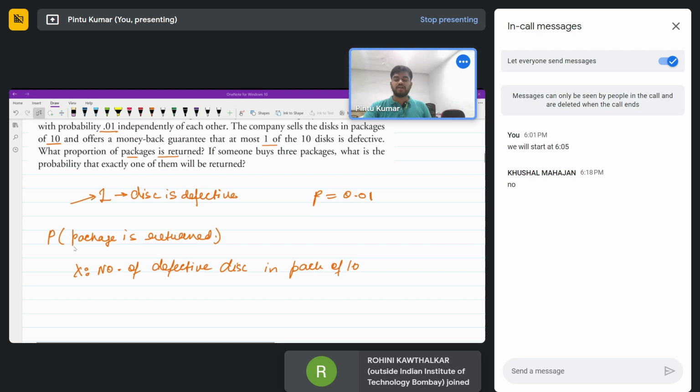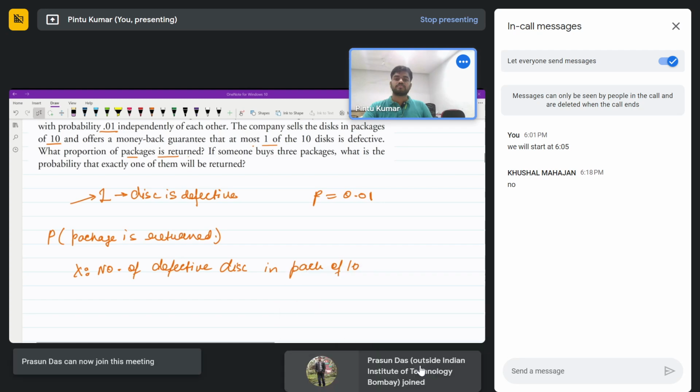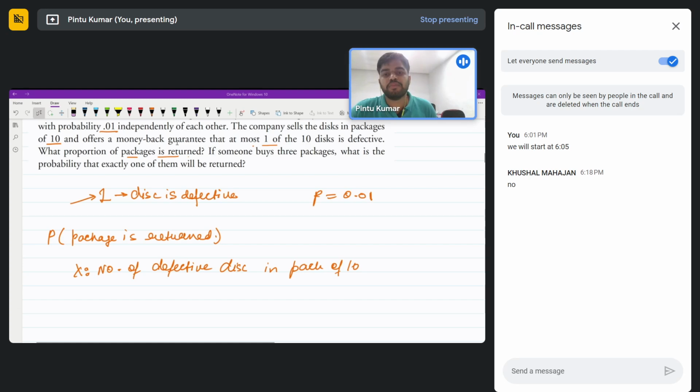Then the package is returned when the company offers you a money back guarantee that at most one of the disks is defective.